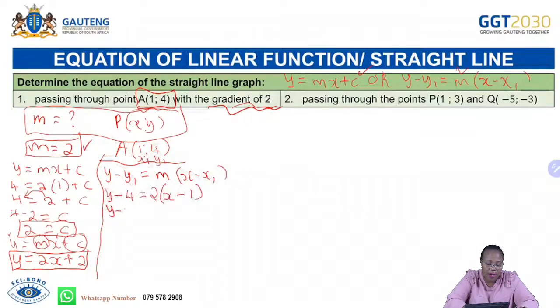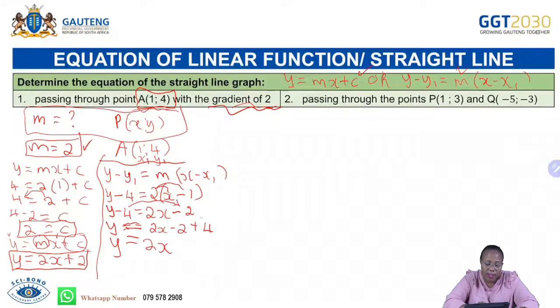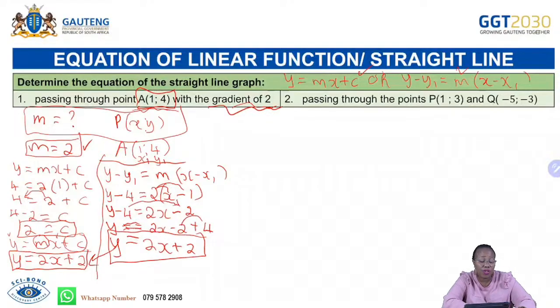Then we have y minus 4 equals 2x minus 2. So y, we are transposing minus 4 to this side, it will be 2x minus 2 plus 4. We end up with y equals 2x plus 2. Can you see, grade 12, we end up with the same equation as that one.